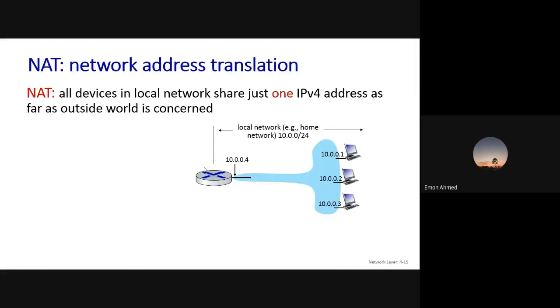Yes, sir. Okay. Another very important concept now: network address translation. As Nafiul said, we need to know why network address translation is needed. It comes from the idea of private IP and public IP.